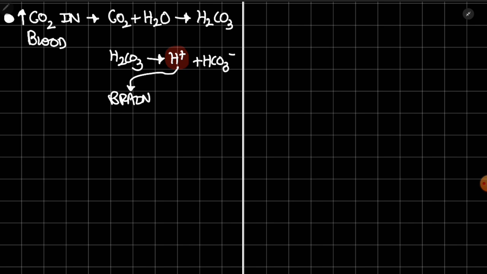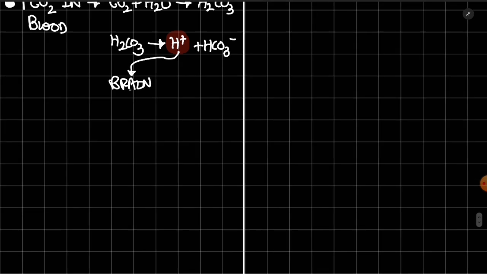Since it is going to the brain, it acts as a chemoreceptor and stimulates the respiratory area, and therefore the increase in respiration decreases the CO2 concentration, so the respiration will be regulated. But there's a twist.